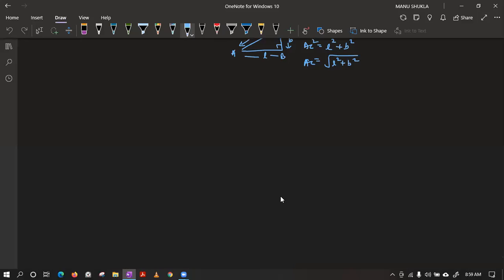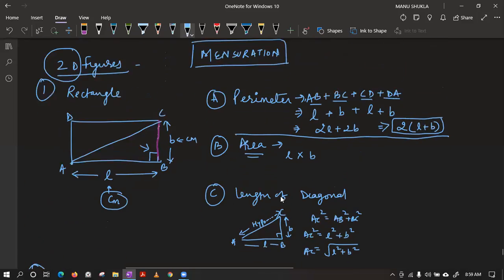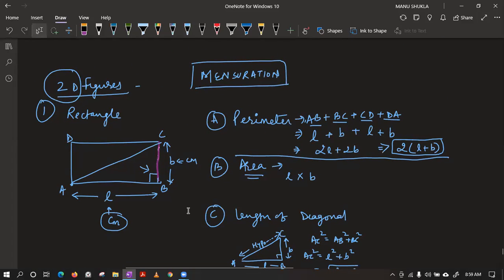Okay. Now, the second figure that we have is a special rectangle, that is a square. So, square is a special rectangle. I hope you are able to understand why I am saying square is a special rectangle, because a rectangle has different length and breadth.